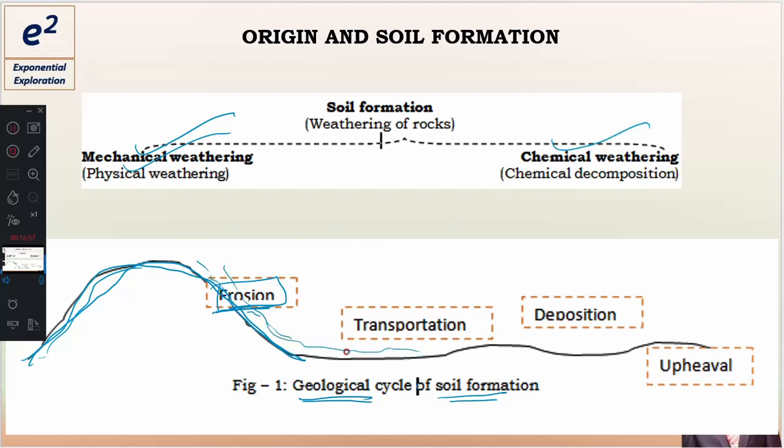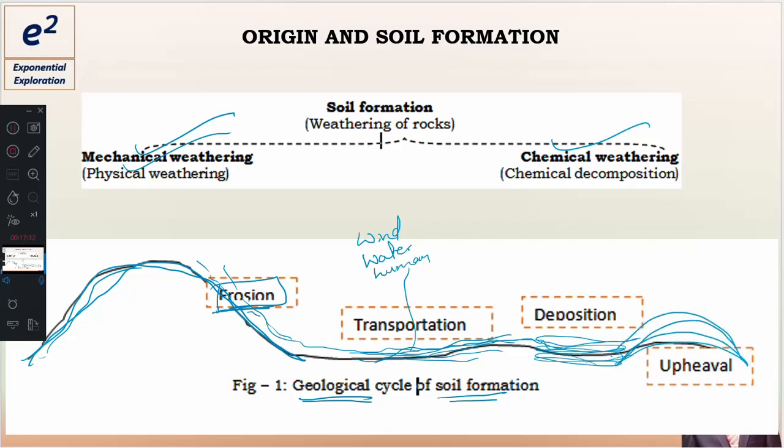That erosion will transport from one point to another point. This transportation may be because of wind, or water, or human action. This soil will transfer and deposit on some area, and after many years, that will again form a rock.